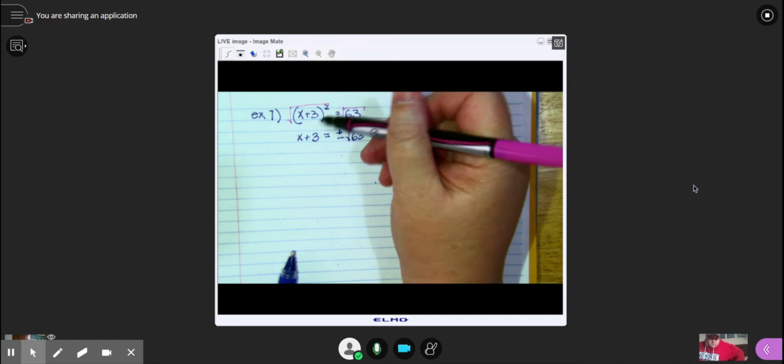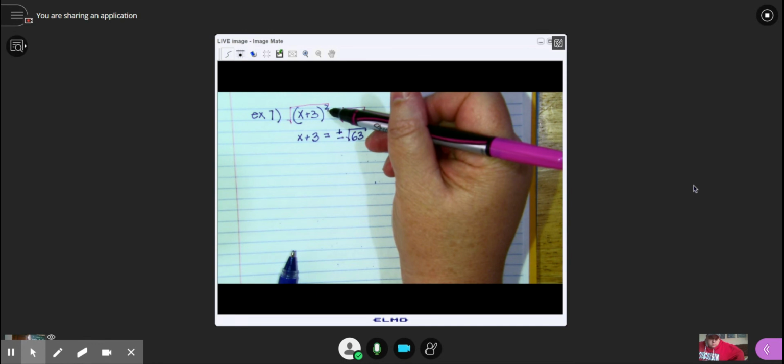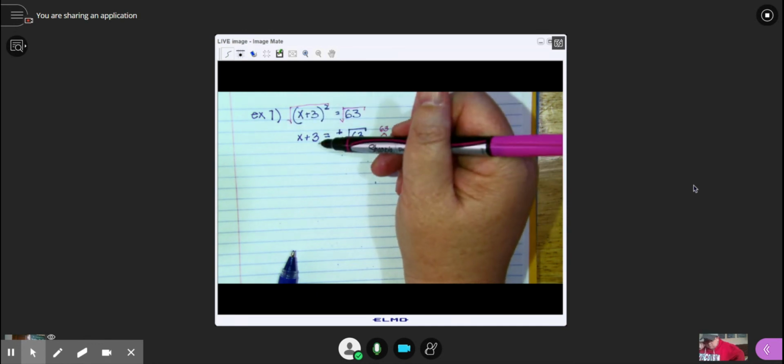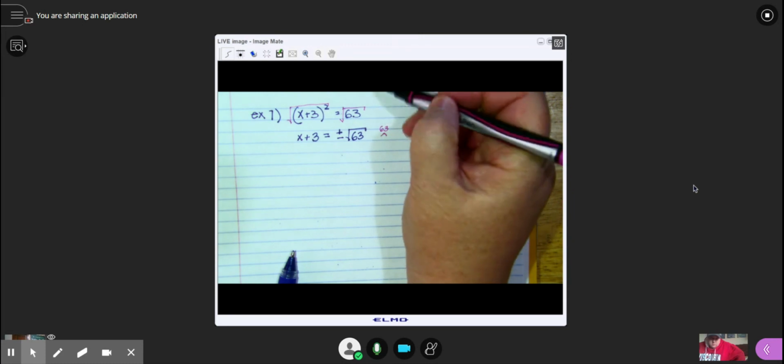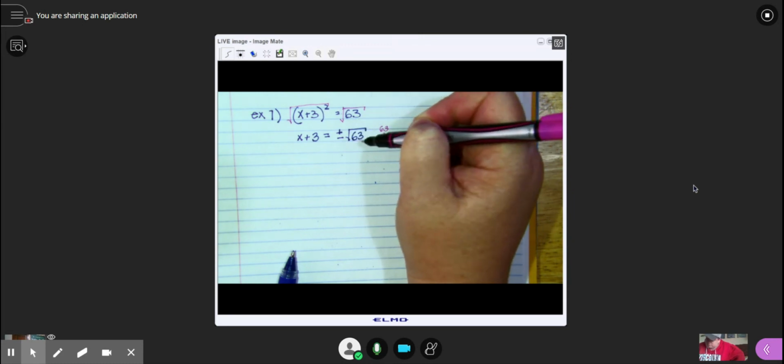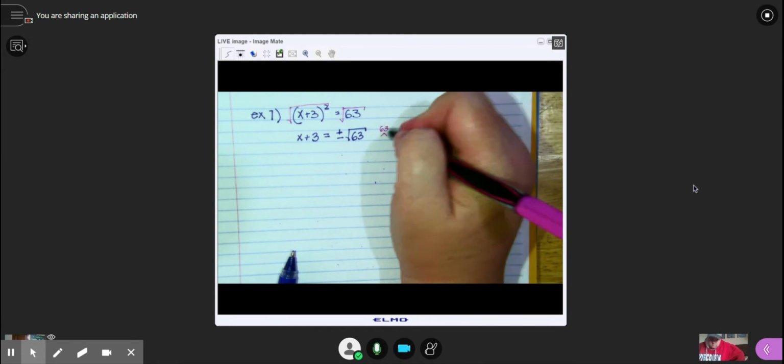That's the problem. X plus 3 was squared. If I take the square root of that, I'm going to be left with just x plus 3. The square root of 63 is a positive or negative square root of 63.